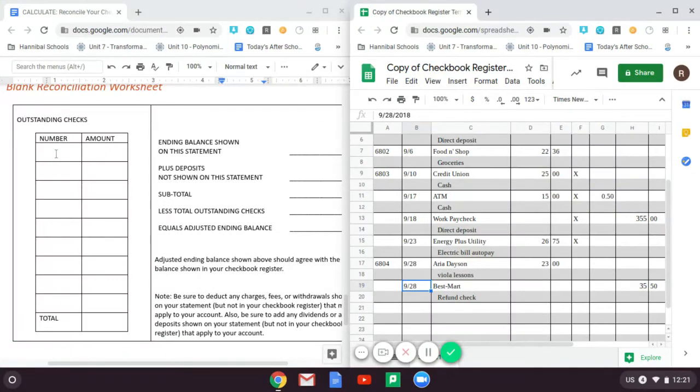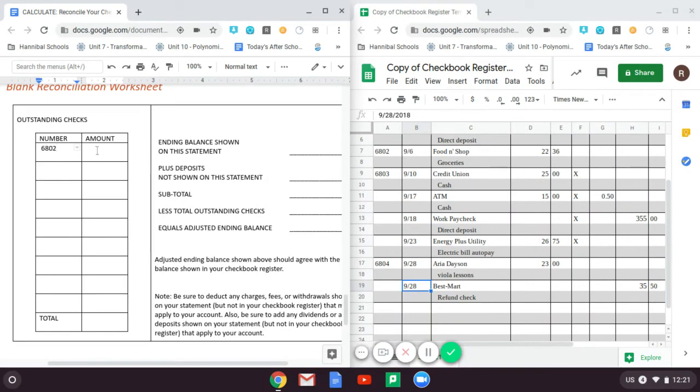Okay. So the outstanding checks, remember how many outstanding checks did we have? We had 2. For Food and Shop, which was check number 6802. And guys, just an FYI, I can only write in this because I had previously made a copy. So you will have to make a copy for yourself.